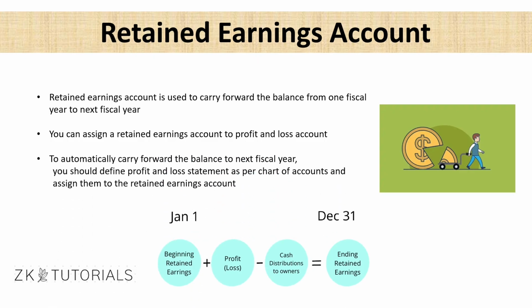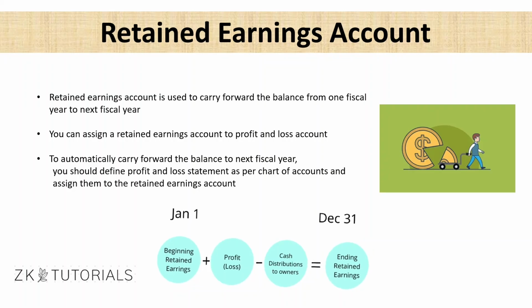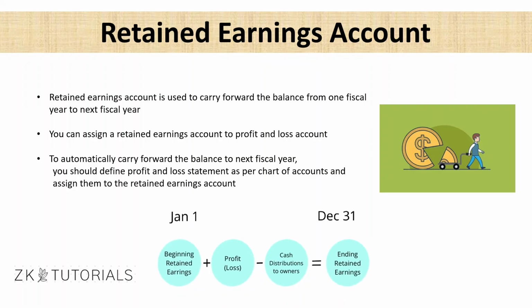To automatically carry forward the balance to next fiscal year, you should define profit and loss statement as per the chart of accounts and assign them to the retained earnings account. So retained earnings account in simple words means the balance from the past year which has been carried forward to the current year.